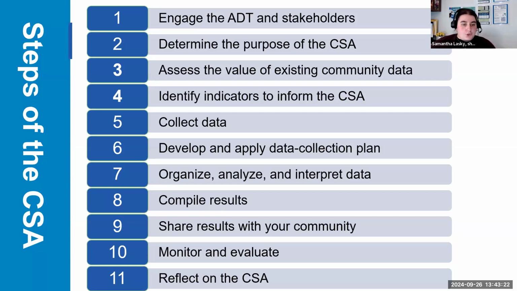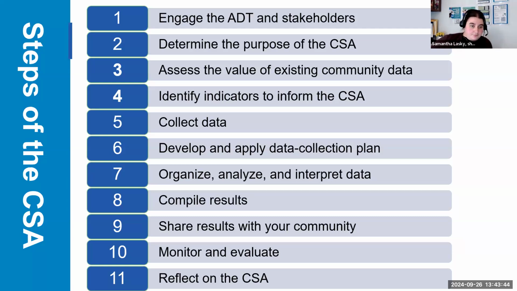Determine the purpose for your community, assess the value of existing community data, identify indicators to inform the CSA, collect that data, develop and apply the data collection plan, organize, analyze, and interpret it, compile your results, share with the community, and then, of course, monitor and evaluate.